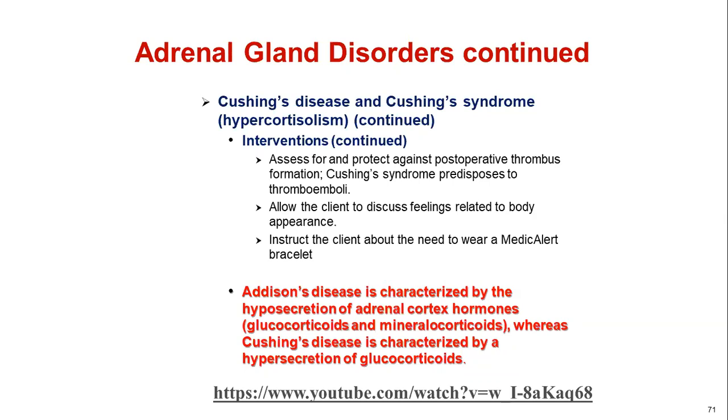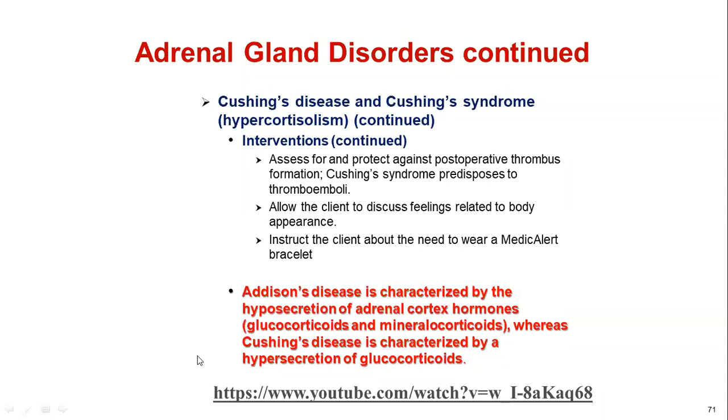Also maintain a safe environment due to increased risk of fracture. Prevent infection is important. Protect the patient's skin from breakdown. Sometimes we give some medication called ketoconazole, an adrenal corticosteroid inhibitor, or spironolactone. It is a potassium-sparing diuretic.